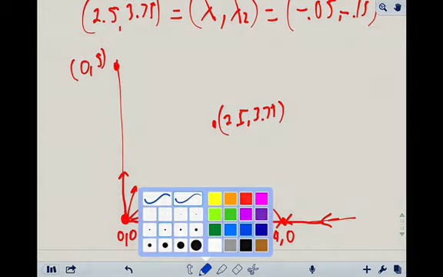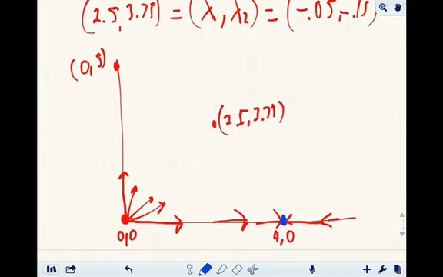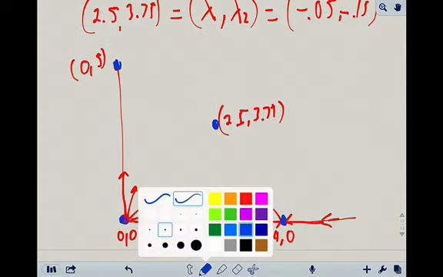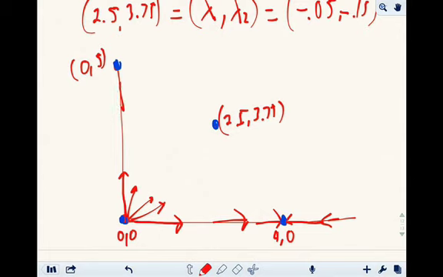Same goes for species Y. Along the y-axis, if we only have y, the solution is going to be attracted towards the y value of 5, which happens to be the carrying capacity of our y species. And the interior critical point is a nodal sink. All solutions in the vicinity are attracted to that particular solution.